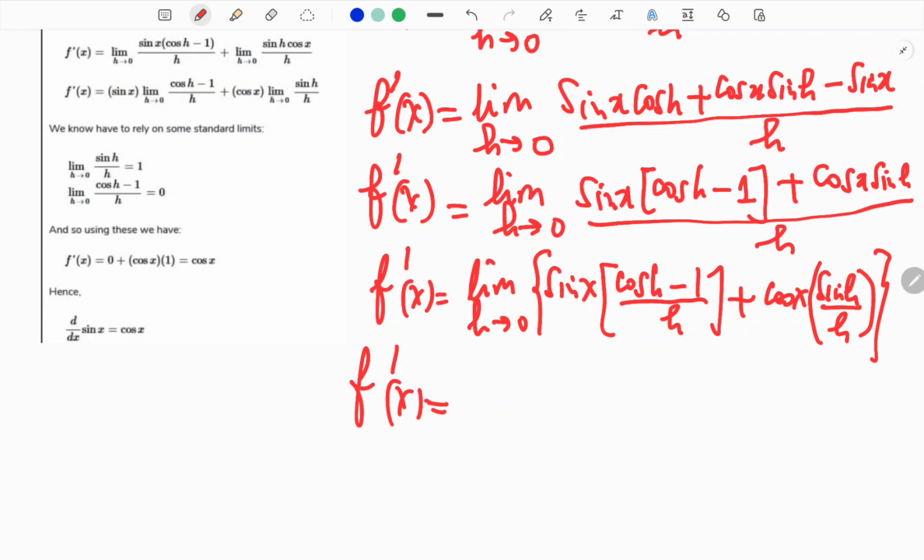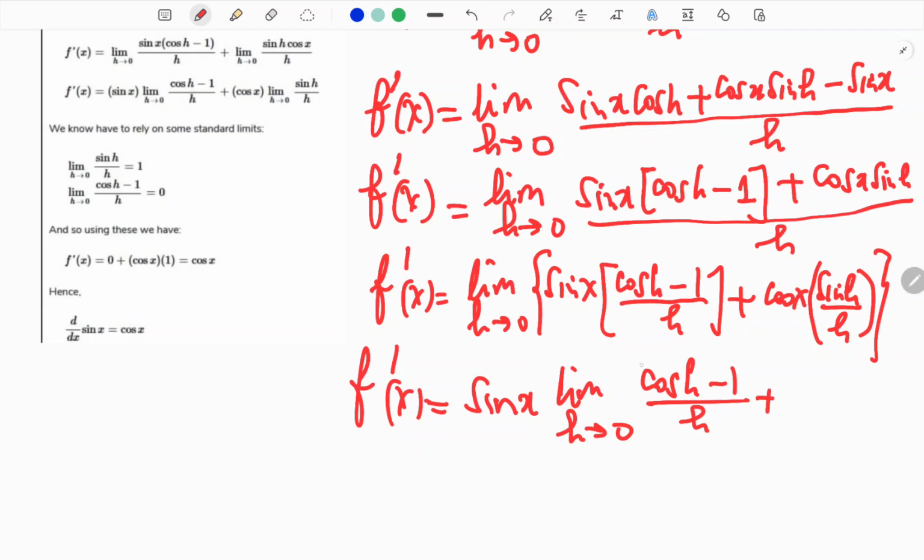Now you separate the two terms, opening the brackets or the parentheses up, and this leads to, you take out the common factor. The common factor here is actually the sine of x. So you have the sine of x, and you have therefore the limit as h tends to 0 of cosine h minus 1 divided by h.